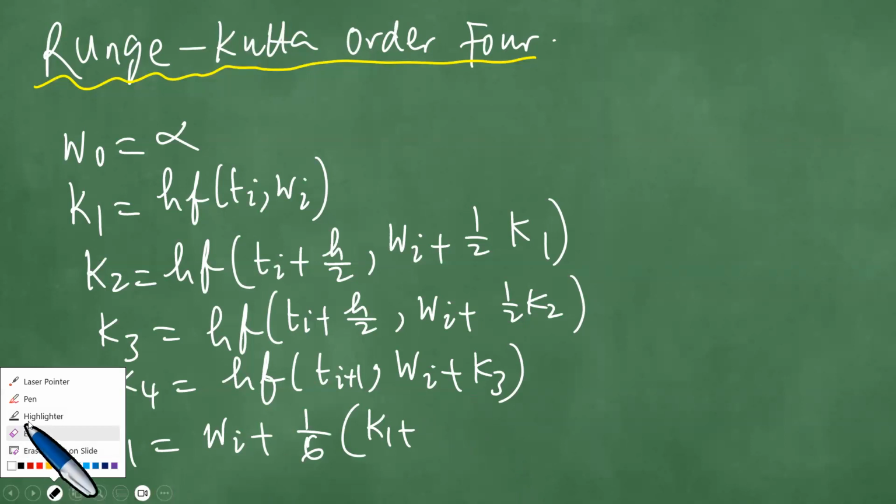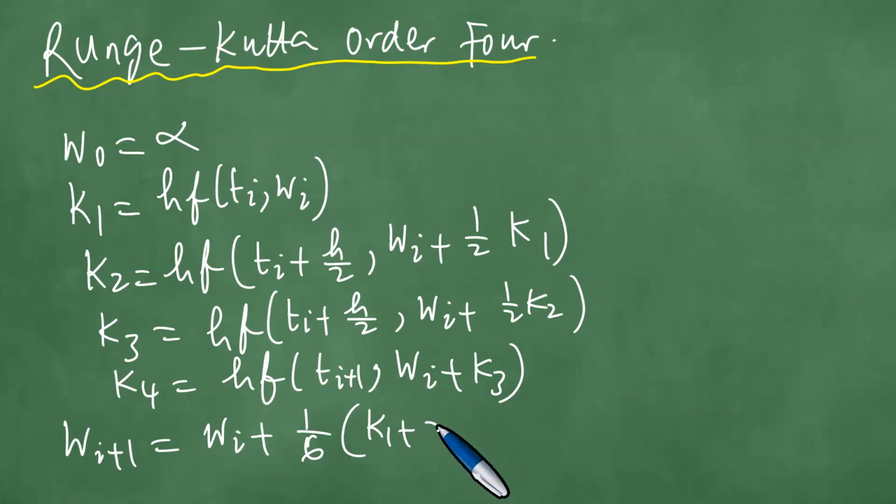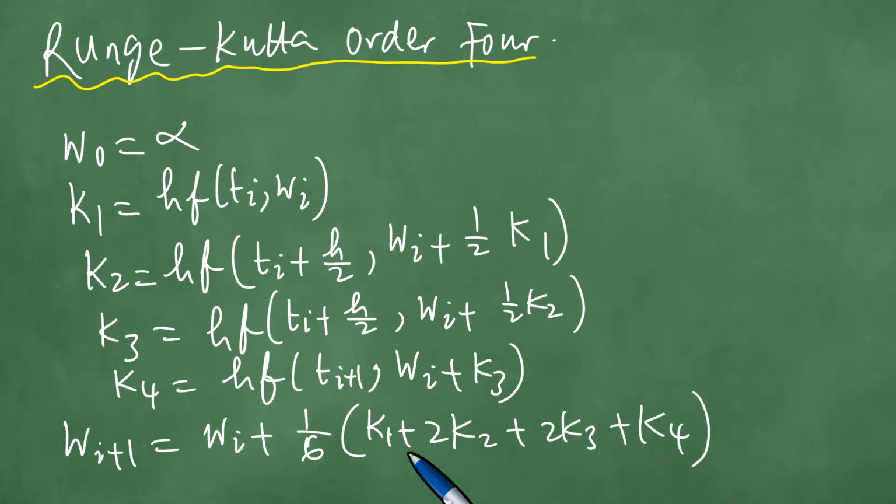All right, I want us to just take a look at this Runge-Kutta order 4. We're going to use it to solve some problems. K2 plus 2K3 plus K4. Okay, now this is Runge-Kutta order 4.